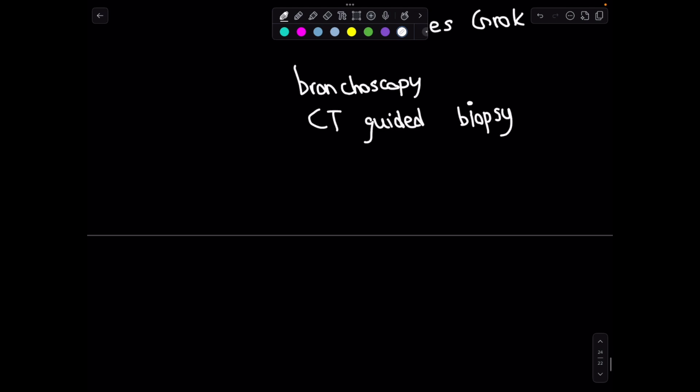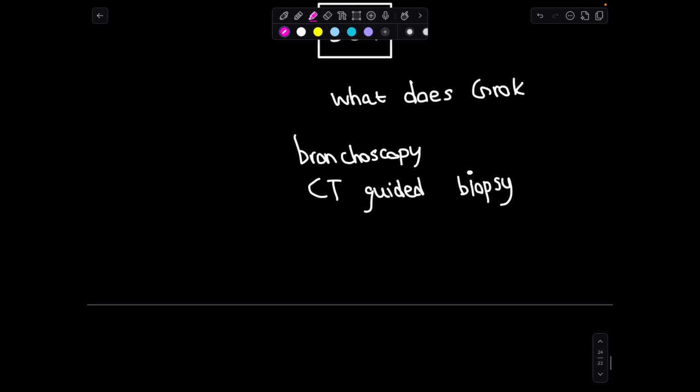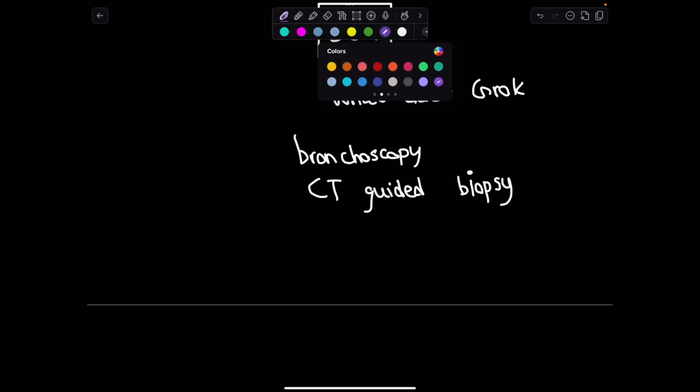For a GI history, focus on key symptoms and red flags to guide diagnosis. Key symptoms: abdominal pain, use SOCRATES. Site, onset, character, radiation, associated symptoms, timing, exacerbating relieving factors, severity. Nausea, vomiting, frequency, content, food, bile, blood, triggers.